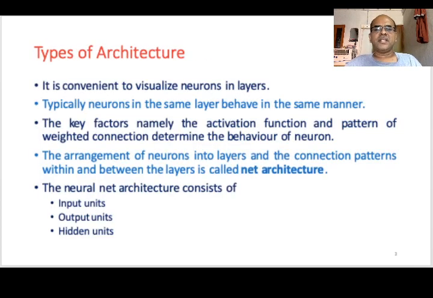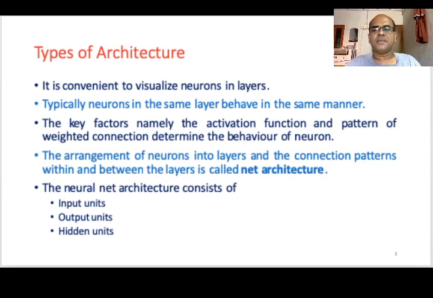If you look at the types of architecture, you can obviously visualize the neurons in different layers. You can say the neurons in the same layer behave in the same manner. There are certain key factors that distinguish the behavior of the neurons, like the activation function and the pattern of the weighted connections.